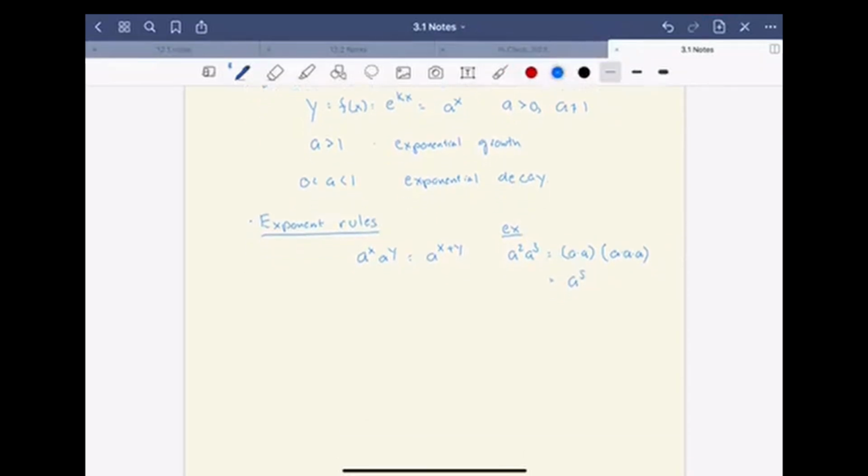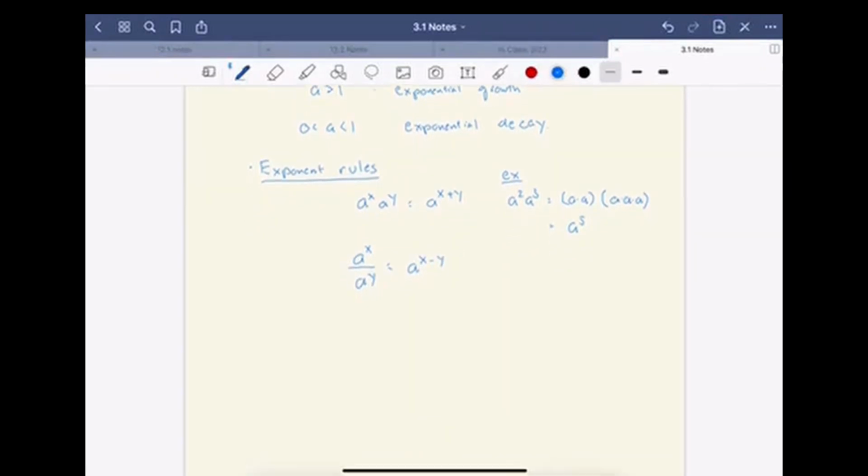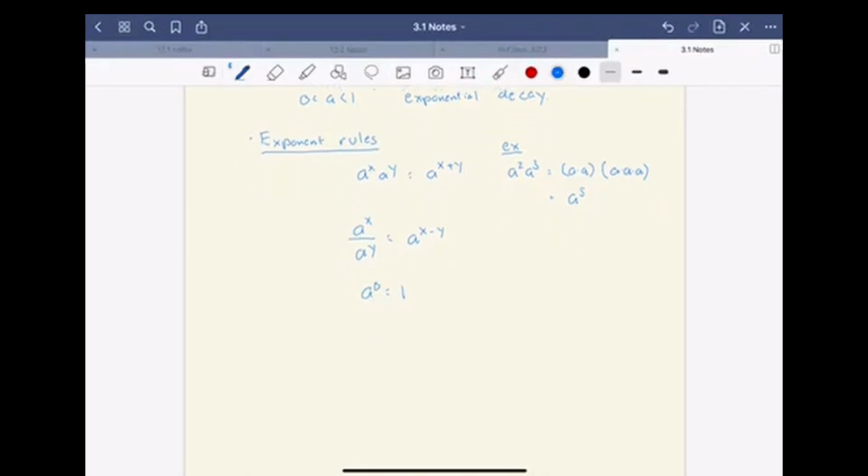Similarly, a to the x divided by a to the y is a to the x minus y. A to the 0, we take to be 1. And a to the x raised to the y is a to the x times y.